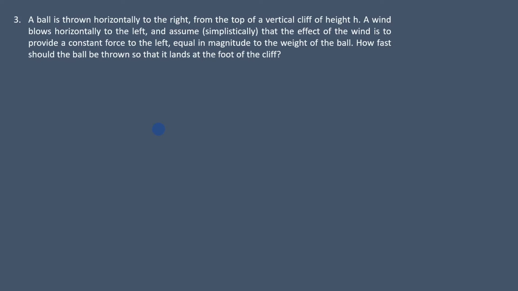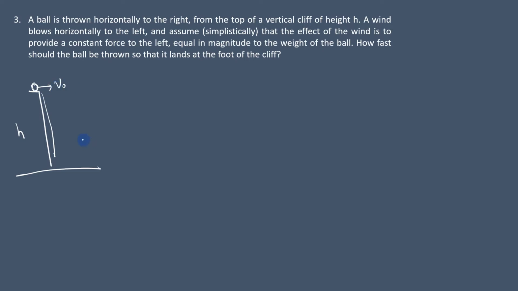Let's move again to the third problem. First we can illustrate this condition like this. This is a vertical cliff of height h, and the ball is at this place with initial velocity v0.